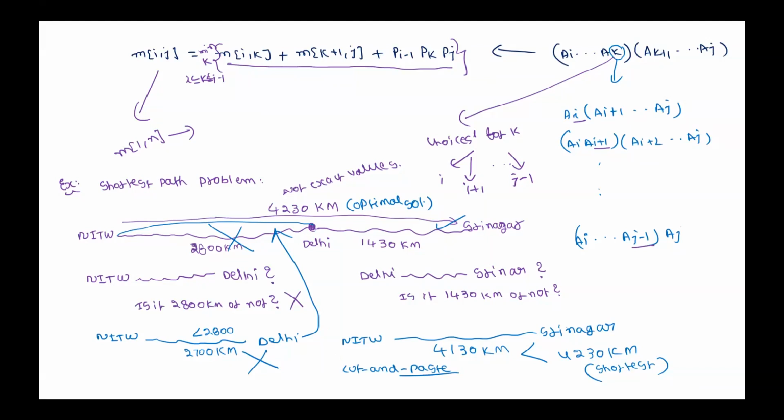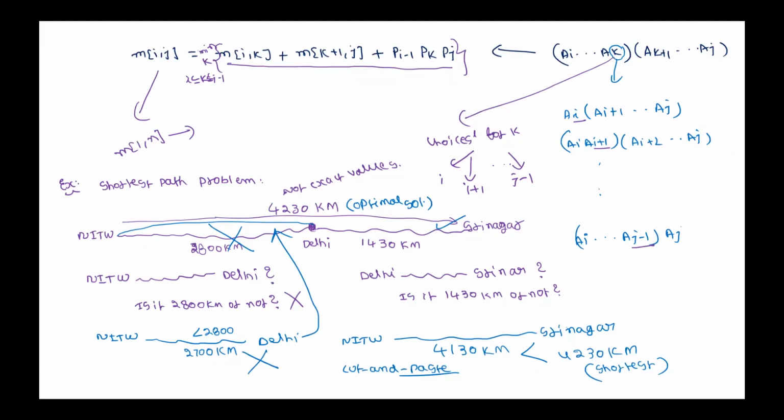So what have we shown here? Optimal solution to a problem contains within it optimal solutions to its subproblems. Here we started with one problem. It has given two subproblems, and the solution to each of these two subproblems is contained within the optimal solution to the original problem. Is that correct?